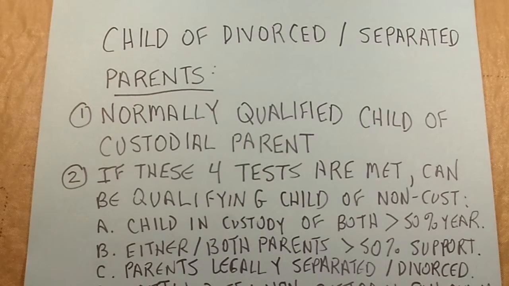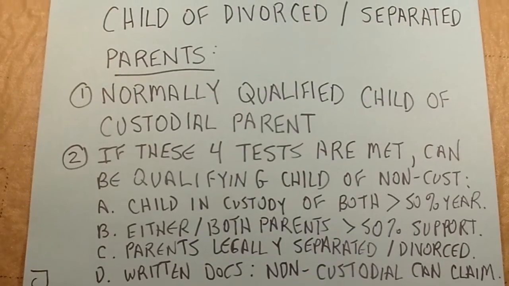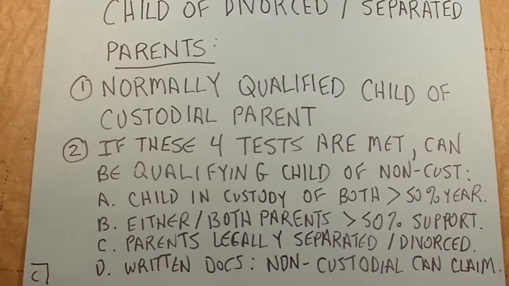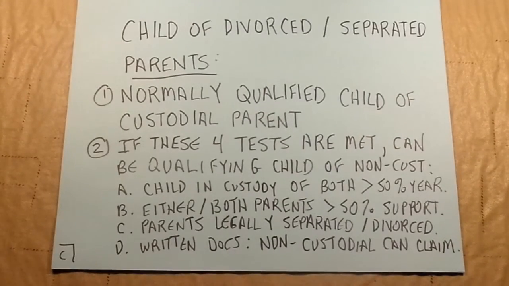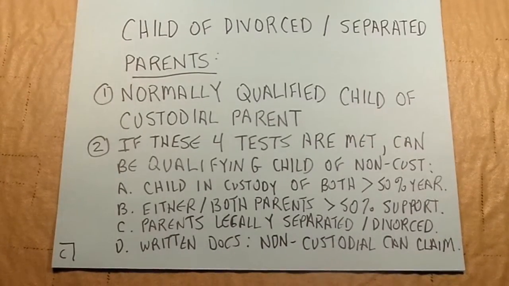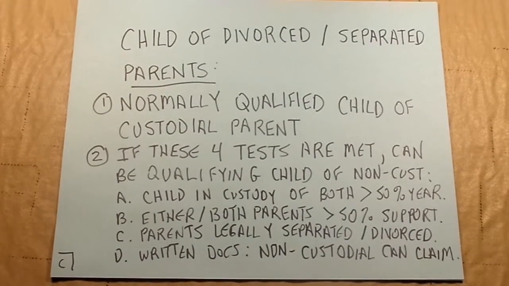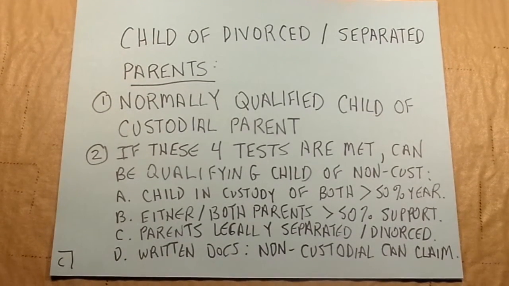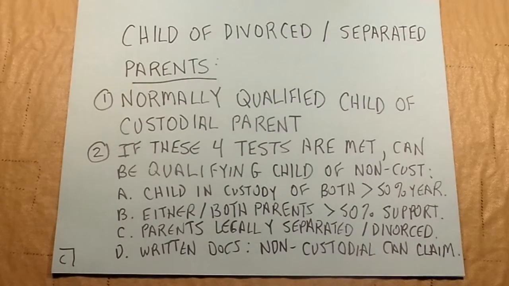We're going to think about dependents, and when we're thinking about dependents, we need to think about the children of divorced or separated parents and how we treat them. With regard to parents, normally a qualified child is the child of the custodial parent. However, if four tests are met, then the qualifying child can be the non-custodial parent's deduction.